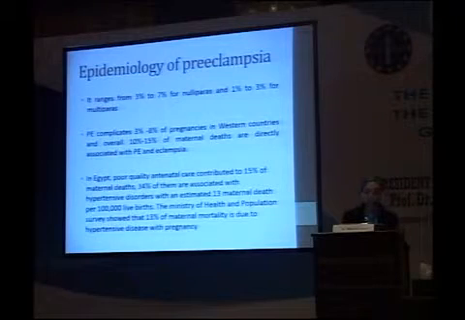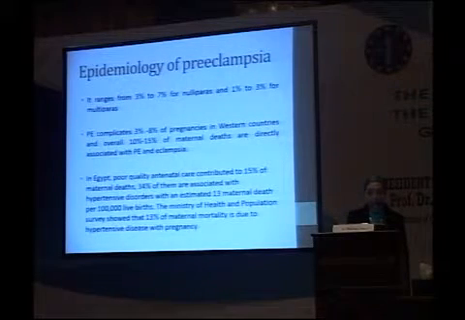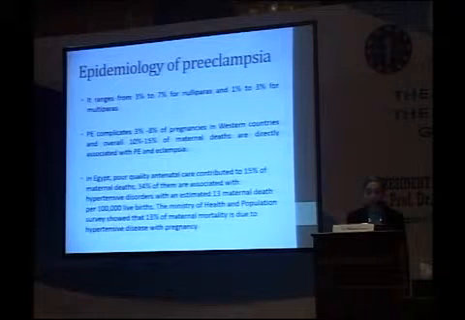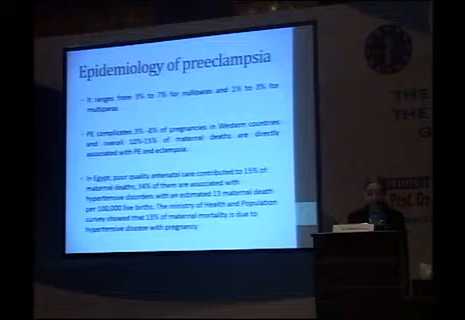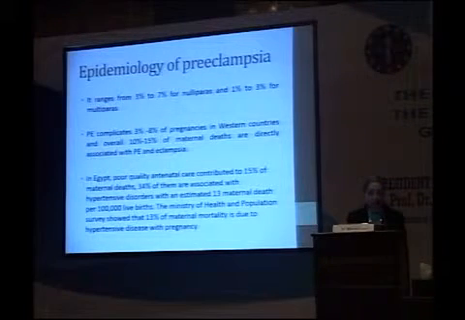It ranges from 3% to 7% of nulliparous and 1 to 3% of multiparous women. Preeclampsia complicates 3 to 8% of pregnancies in Western countries, and overall 10 to 15% of maternal deaths are directly associated with preeclampsia and eclampsia.